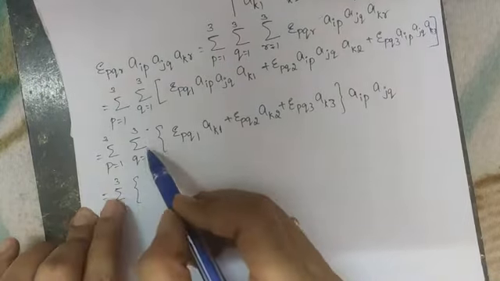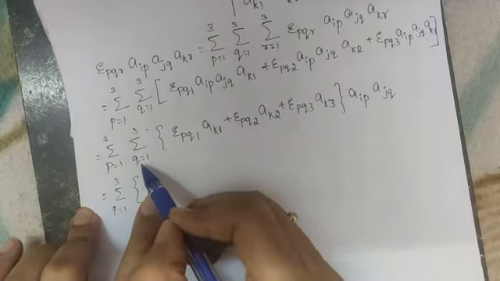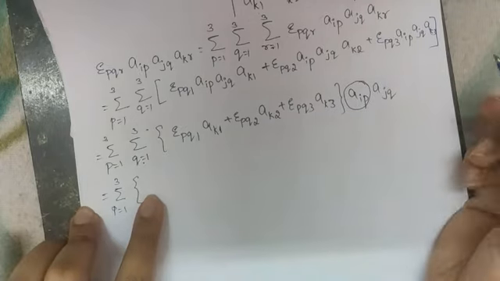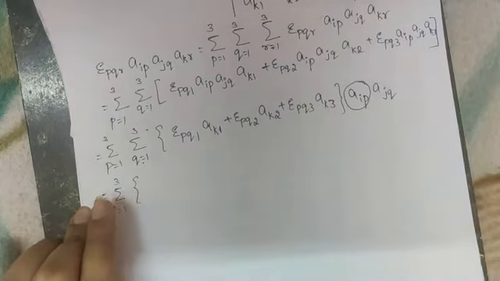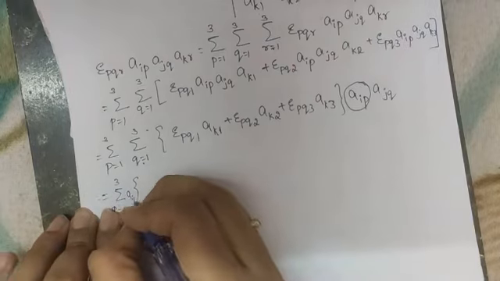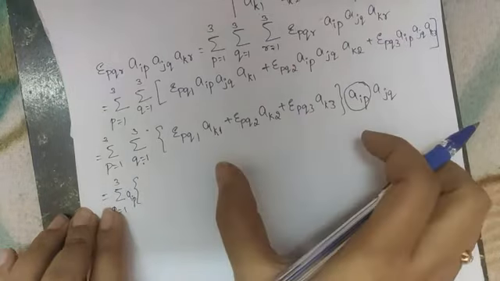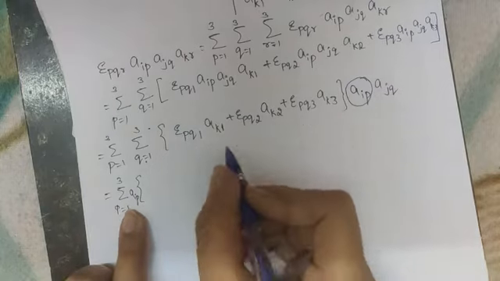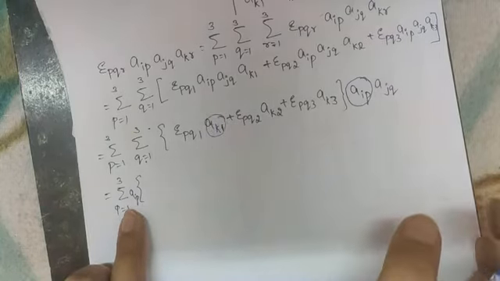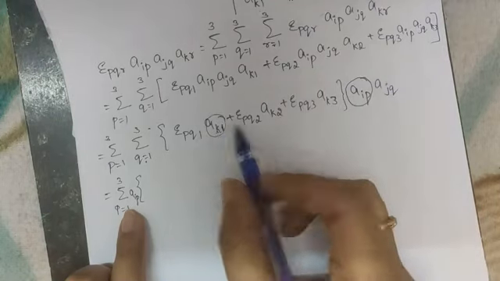Since I'm expanding over q, I will take aip as common and write it at the end, or you can write it at the beginning also, no issues. Here for ak1 we are not applying any summation, I don't have any q terms here.